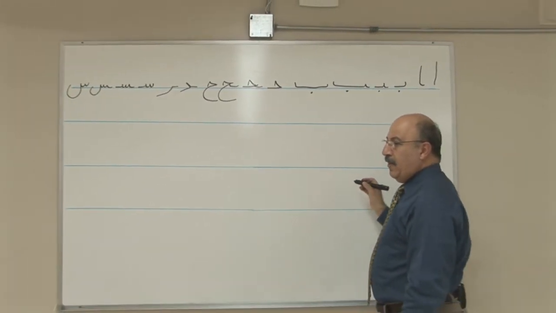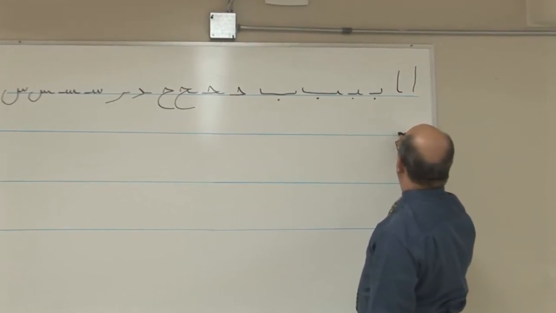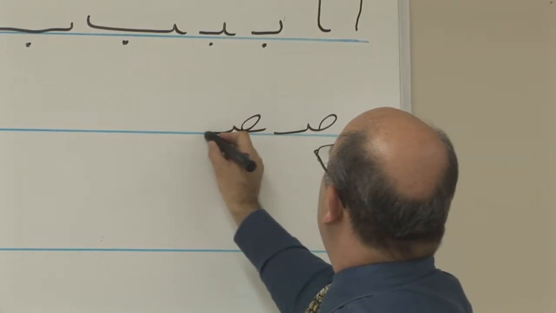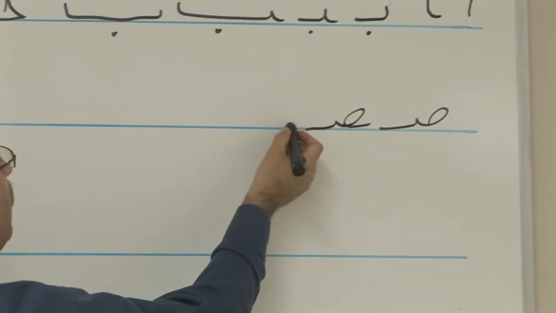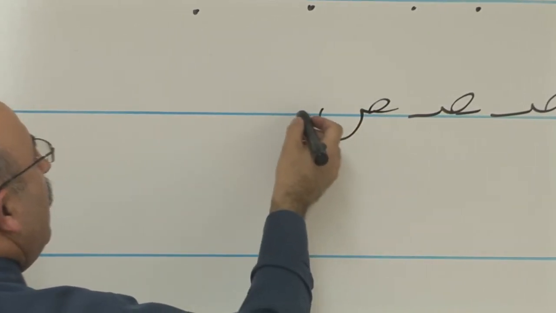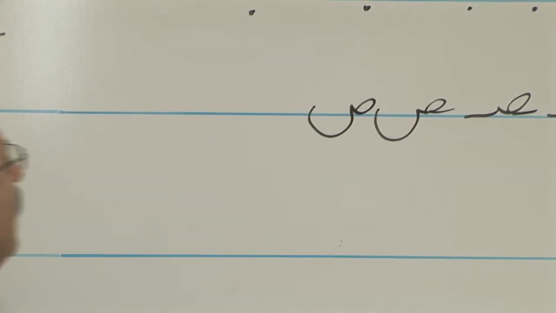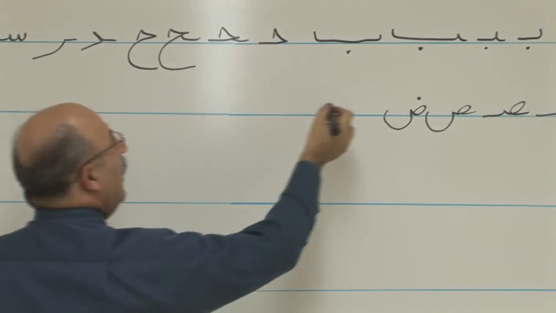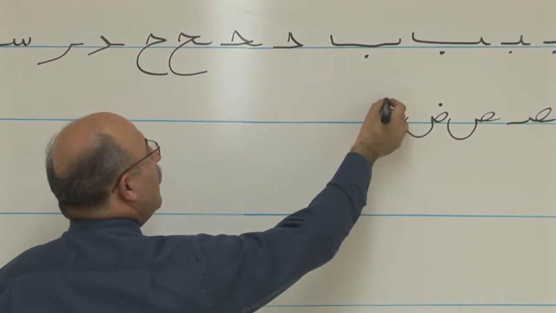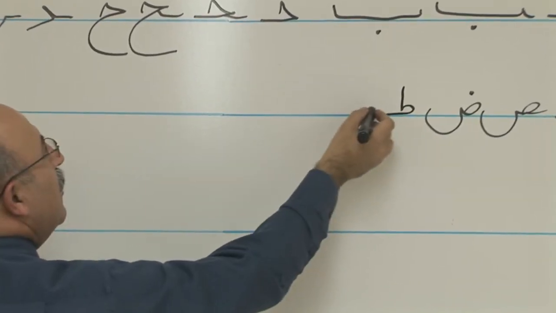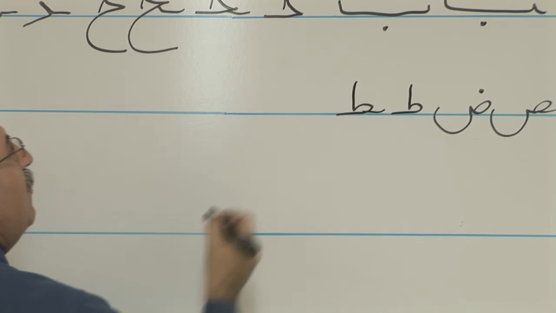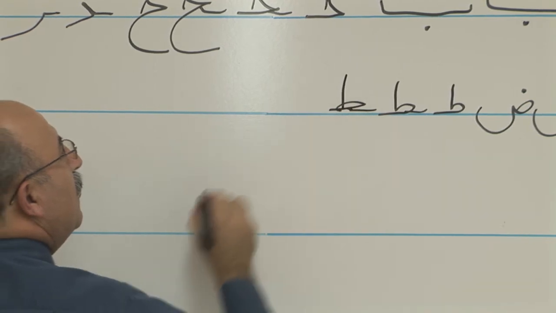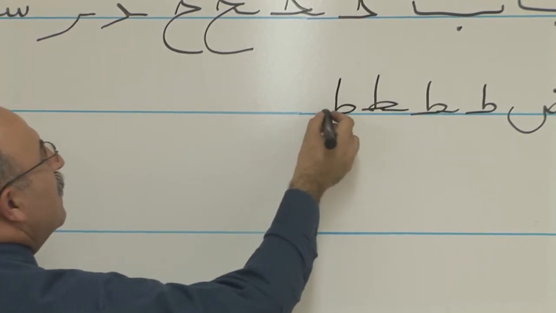The next set here, the same with sad: initial, middle, terminal, and standalone. And the same goes with zad, the one that has a dot over it. And with ta, it has the initial, the middle, the terminal, and of course, the standalone.